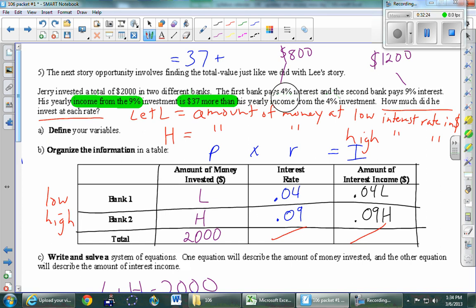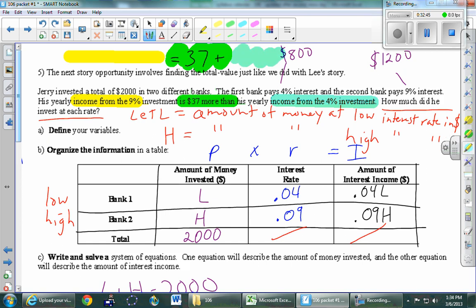Let me change this to blue so we can highlight in different colors. Yellow for this guy. Okay, so yellow thing needs to go up here. Green thing we've already got. And then the blue thing needs to go right in there. Okay.